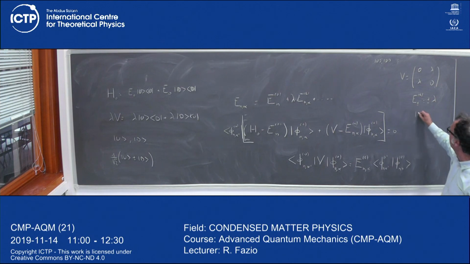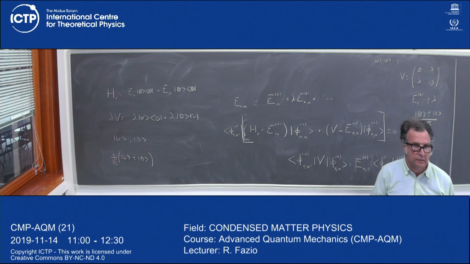The corresponding eigenfunctions are up plus minus down over square root of 2. So you see that at the first order correction, E0 plus and minus lambda are the two eigenvalues, and these are the right basis from where you have to start. Is this clear or not?